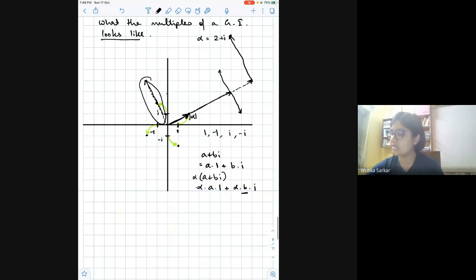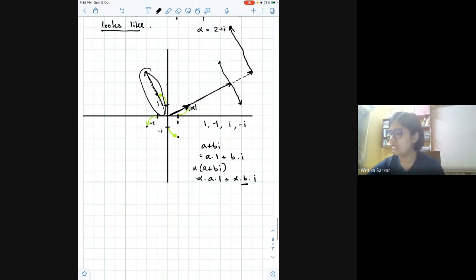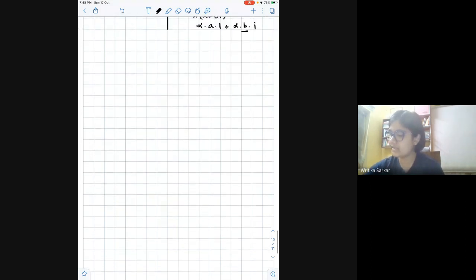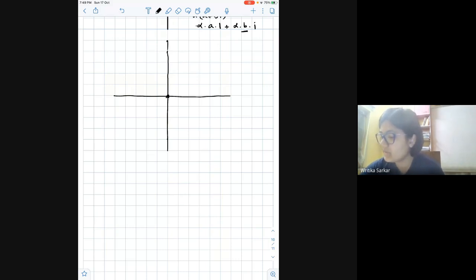So if I were to actually draw all the multiples of 2 plus i here, that would really look something like this. I have this here. So definitely 0 is going to be in the plane, right? So we are going to have this point, and all the points in this line, and again in the negative direction, right?